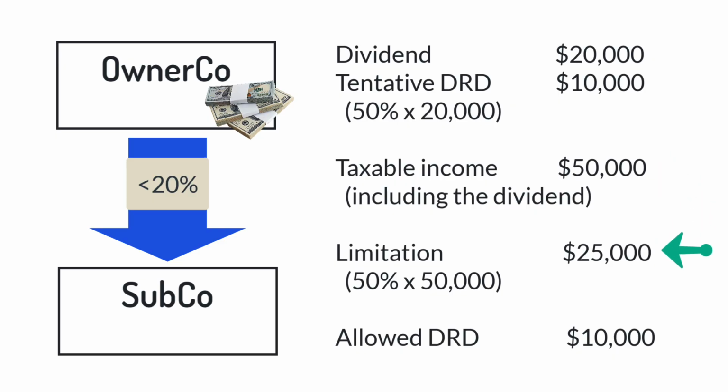The limitation on the dividends received deduction is 50% of taxable income, including the dividend, but excluding the dividends received deduction. So 50% times 50,000 is $25,000. That's the limitation. But the tentative dividends received deduction is only $10,000, so it's not limited. In this case, our allowed dividends received deduction is $10,000.